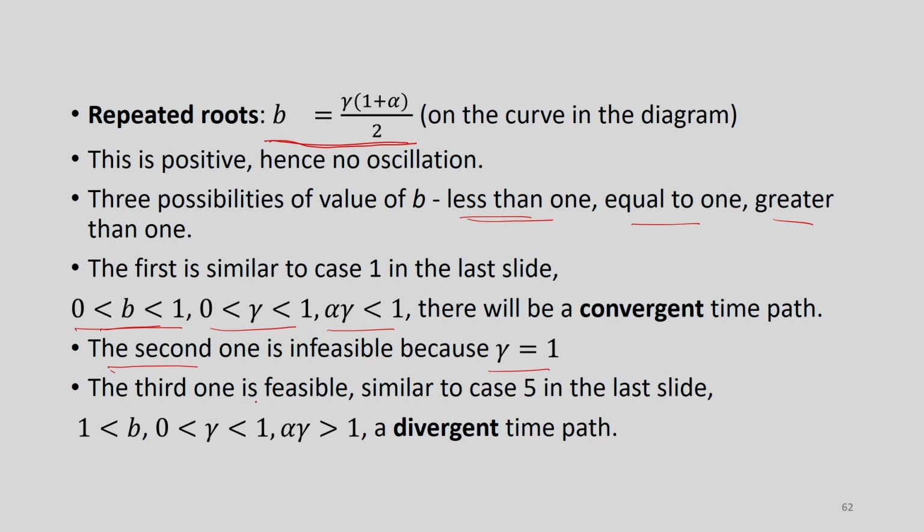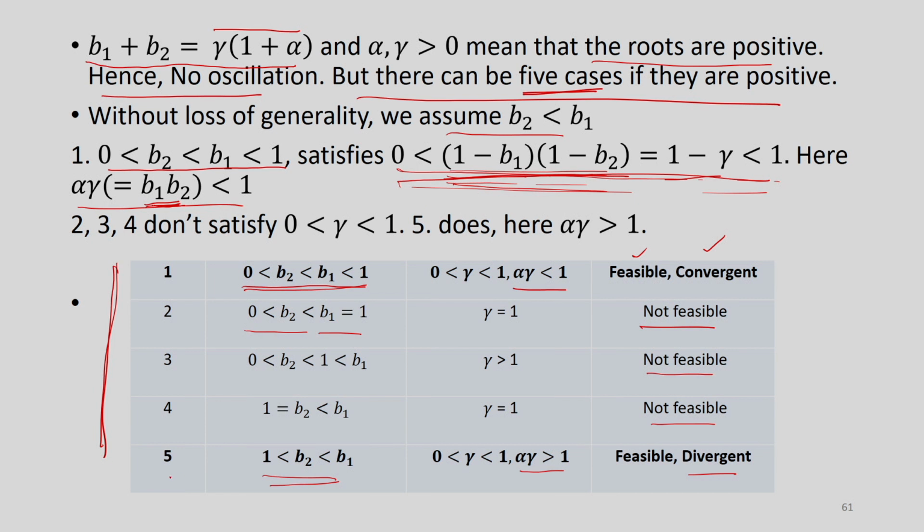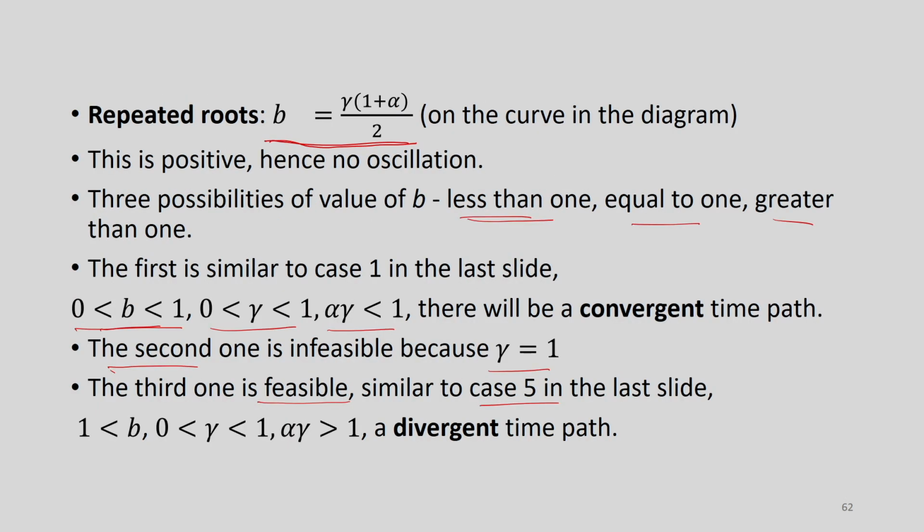The third case is, however, feasible, and this is similar to case 5 in the last slide. Here b is greater than 1. So, this is the case, and we have seen that it is feasible, because in this case gamma can be greater than 0 and less than 1.